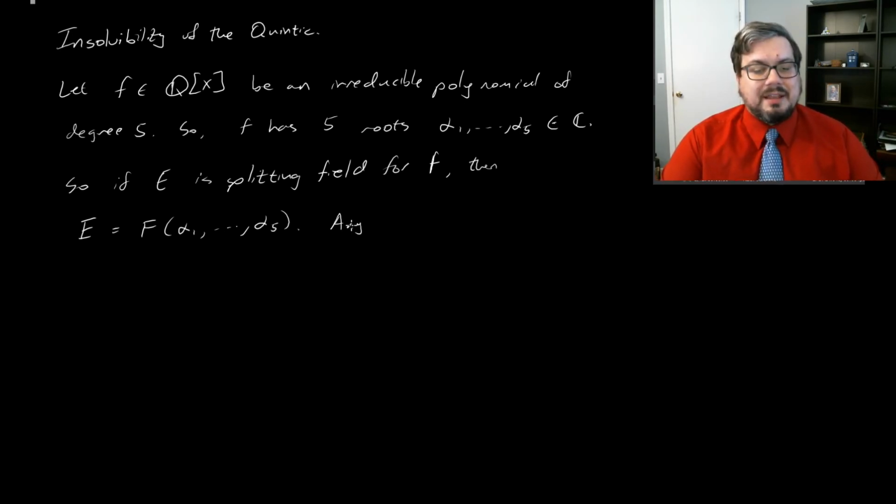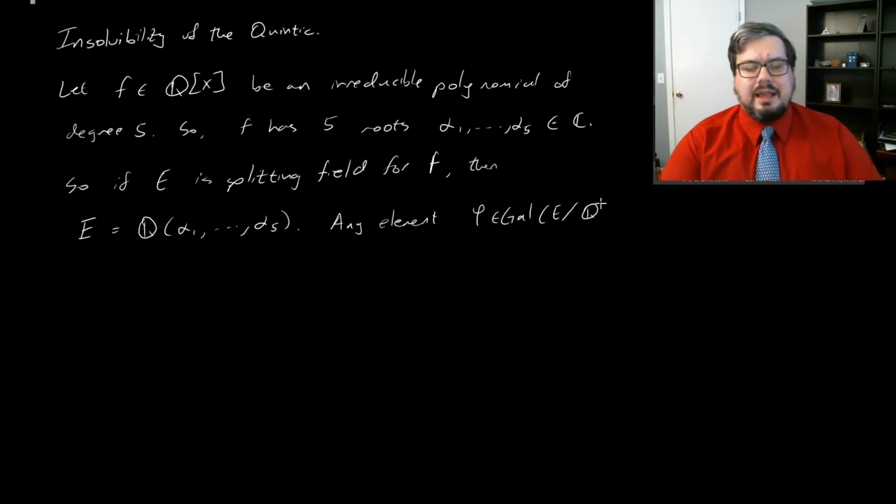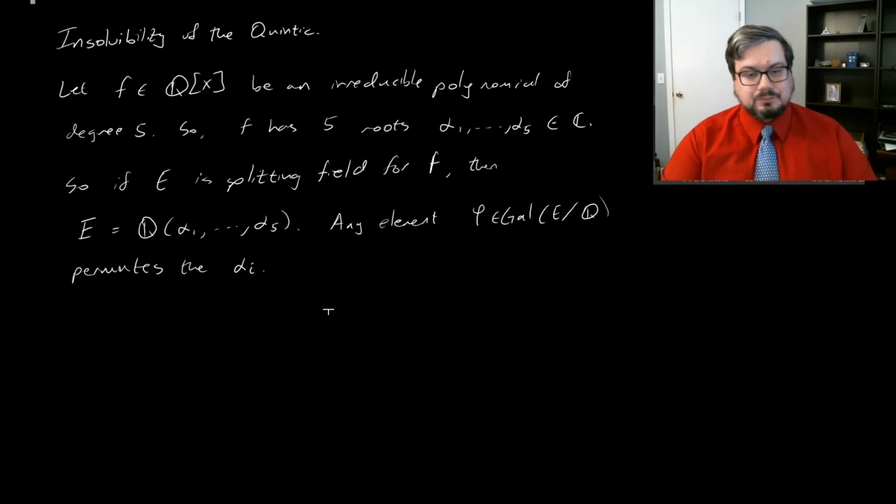Also, we have that any element phi in the Galois group of E over Q permutes the alpha i's, because it has to send any root of f to another root of f.